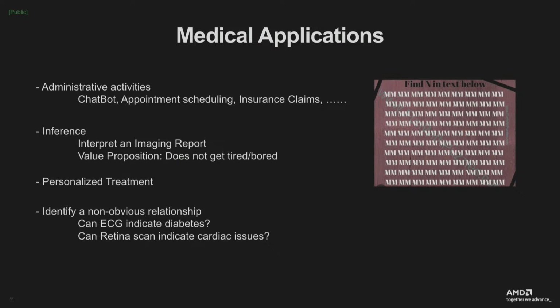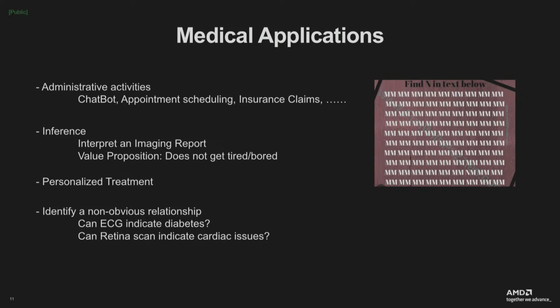Okay, identify a non-obvious relationship. Can an ECG report indicate presence of high sugar level? So far, we did not know that such a relation exists or doesn't exist. We talk about somebody who smokes is more likely to get lung cancer, right? Somebody observed that after seeing many patients, then they come to this conclusion, right?